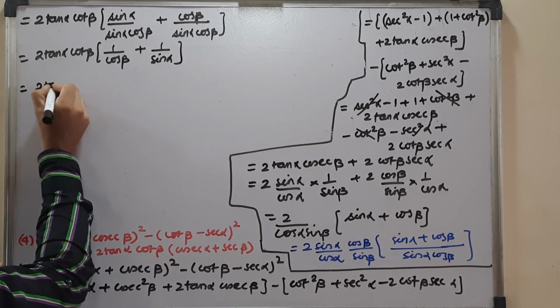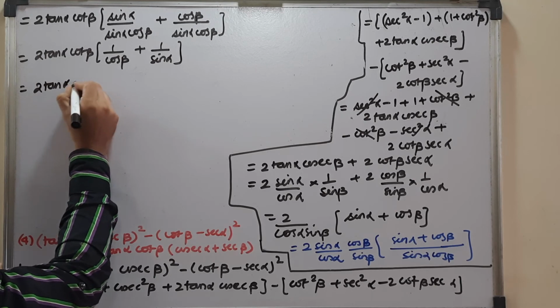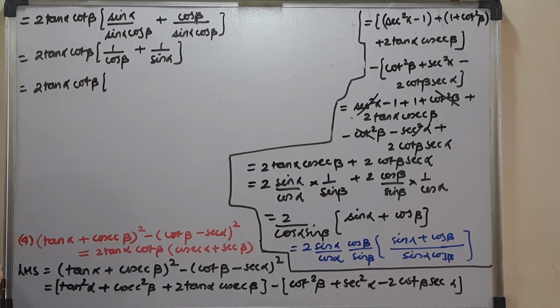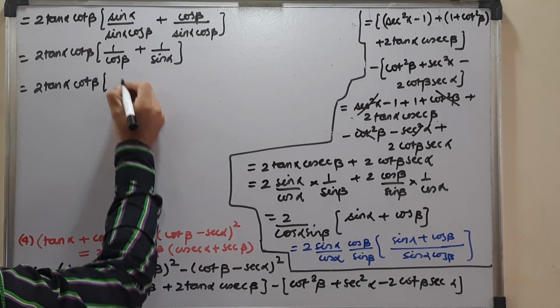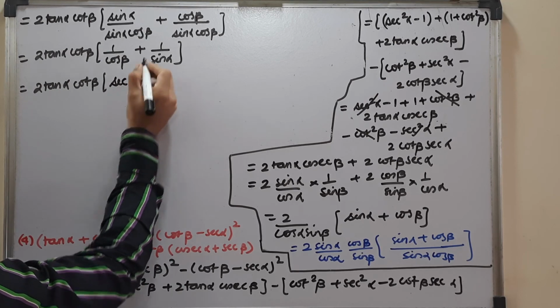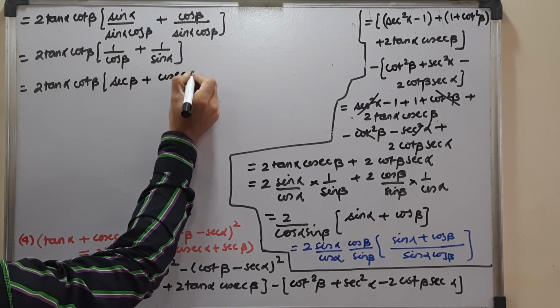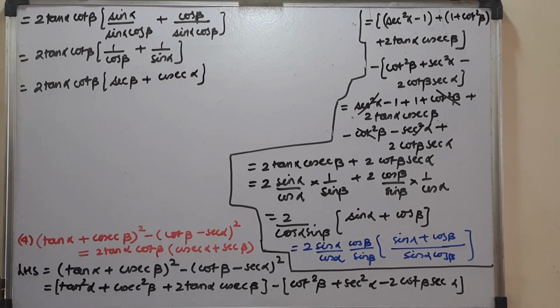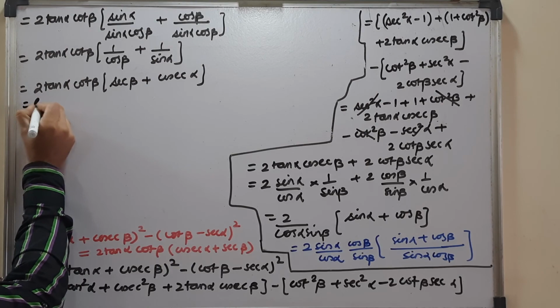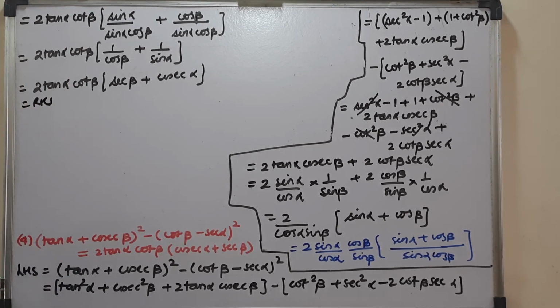Means I get this as 2 tan alpha cot beta, 1 by cos beta is equal to sec beta, and 1 by sin alpha is cosec alpha. You can see here your RHS and LHS have become same. So this is your RHS.